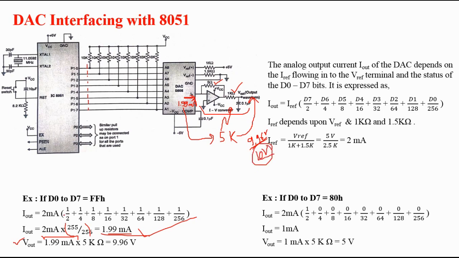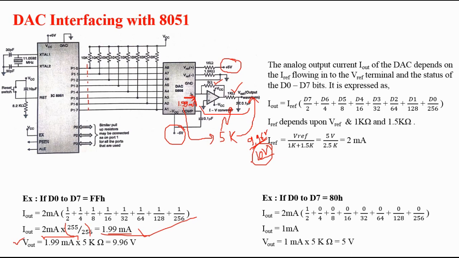So for the bits equal to FFH, if all of the bits are 1, then the highest value will be 10 volt. How can we say the highest value is 10 volt? Because you can see here 5 volt is connected and here minus 5 volt is connected. The difference between those two, 5 and minus 5, comes to 10 volt. This is the maximum voltage which gets represented with the help of FFH.